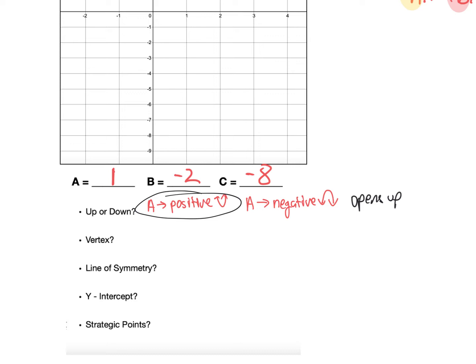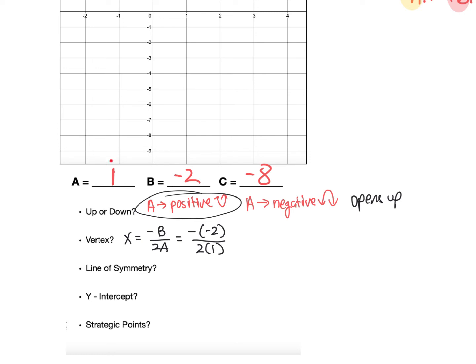Now, the vertex, we start off with an equation that never changes. We always start with x equals negative b over 2a. So what we do is take the b, which is right here, we discovered it's going to be -2, and a, and we plug them in right here. So notice I'm going to do that with the parentheses: -2, which is b right here, and I have a 2 times a 1.